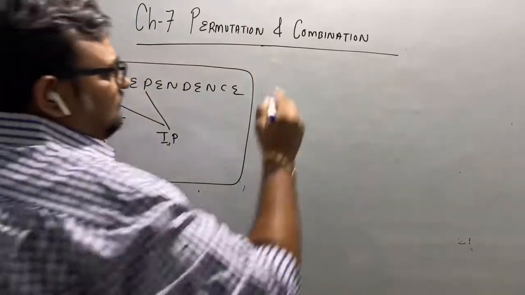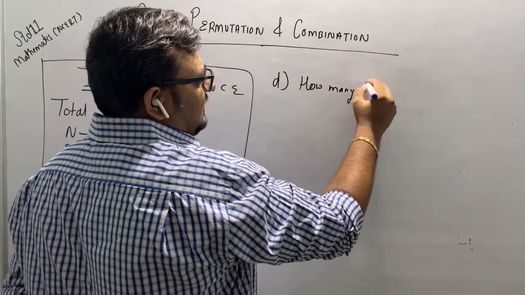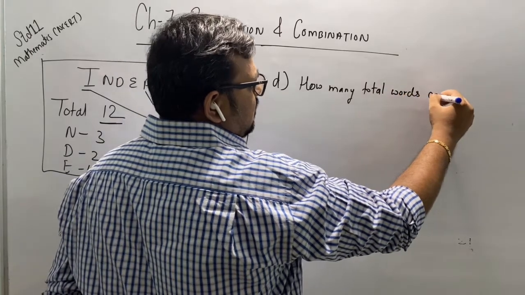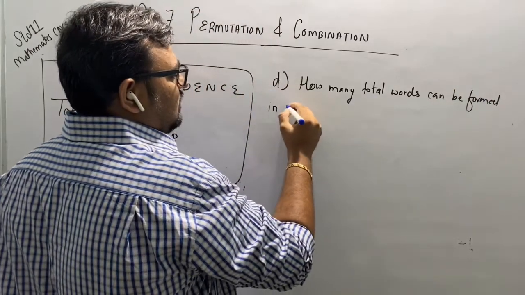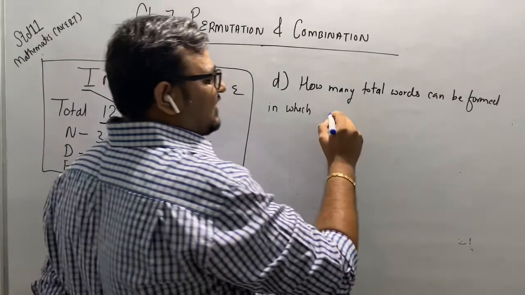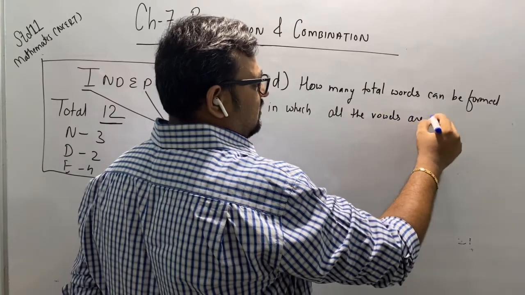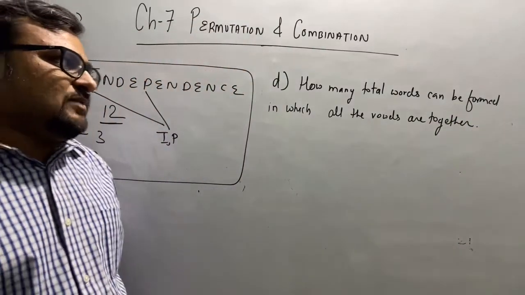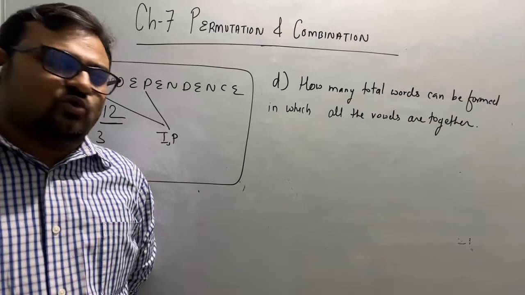Now, second, more type D. How many total words can be formed in which all the vowels are together?